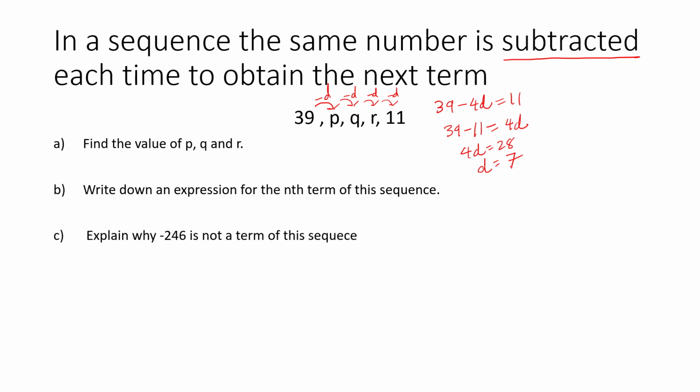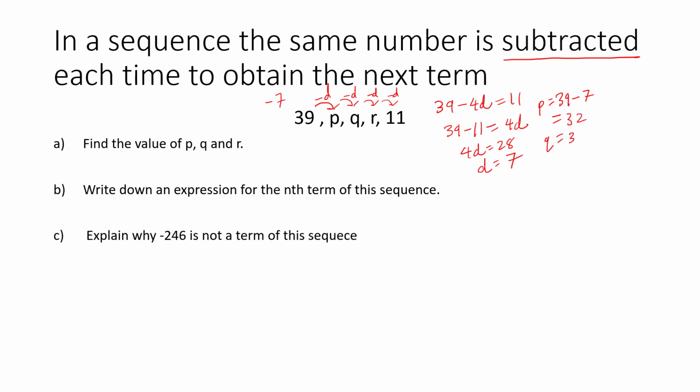Now just take note, even though d is equal to 7, it's 39 minus 7 rather than 39 plus 7, even though this one is a positive d. So let's calculate P, Q, R. P will be equal to 39 minus 7, which will give me 32.